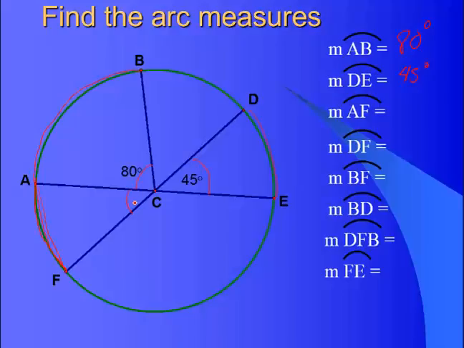And remember relationships. What kind of angles are these two right here that are created by an X of the same two line segments? They're called vertical angles, and we know vertical angles are congruent. So that means this angle is 45 degrees, which means arc AF is 45 degrees.